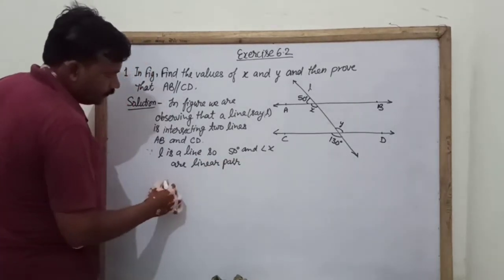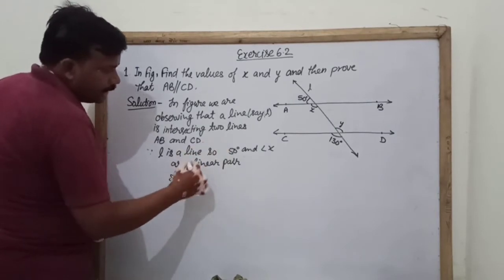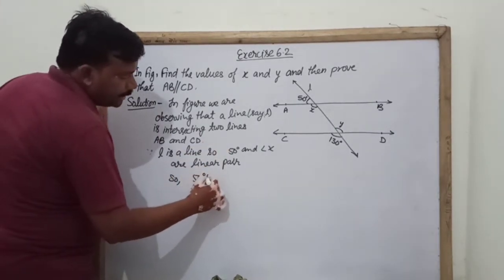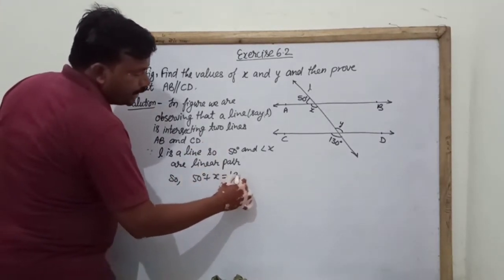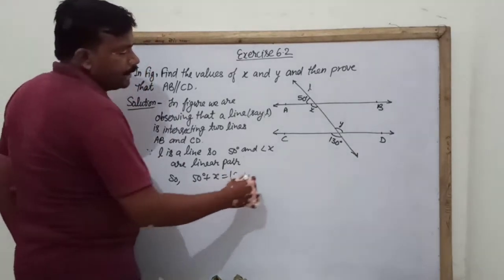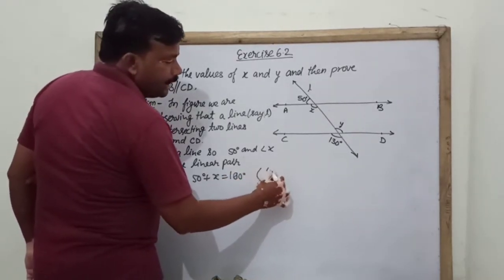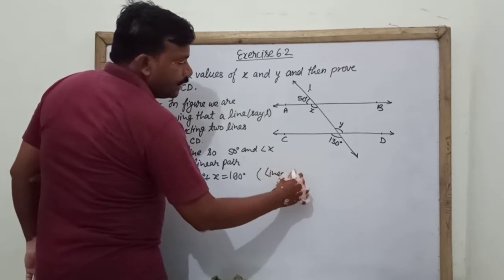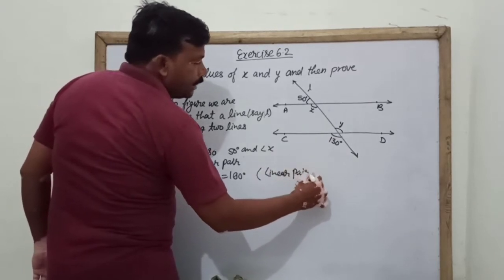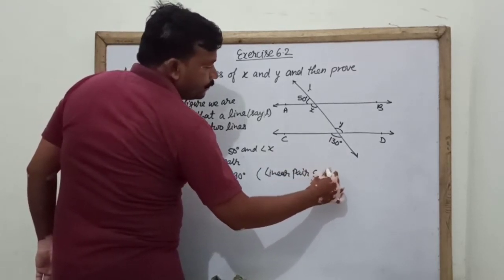So 50 degree plus x equal 180, we can write it by linear pair axiom.